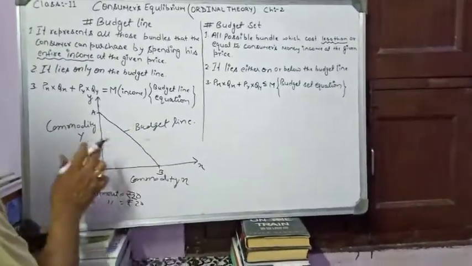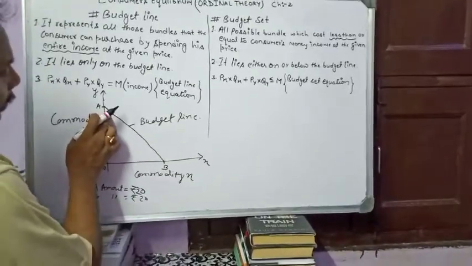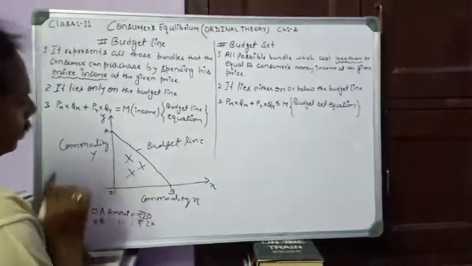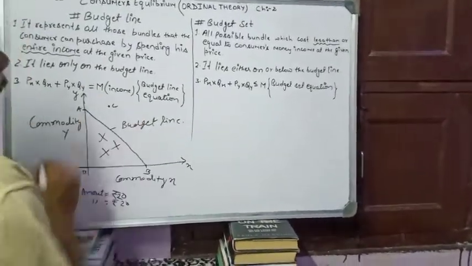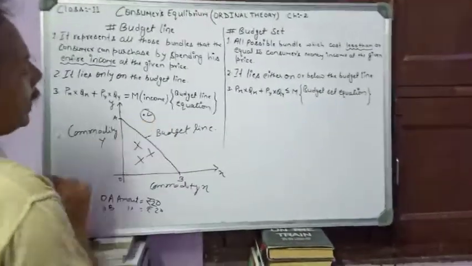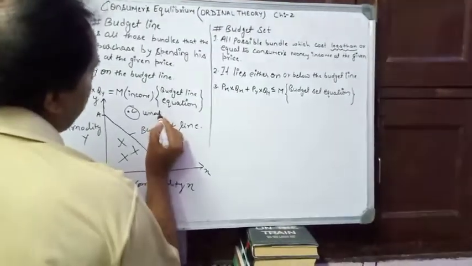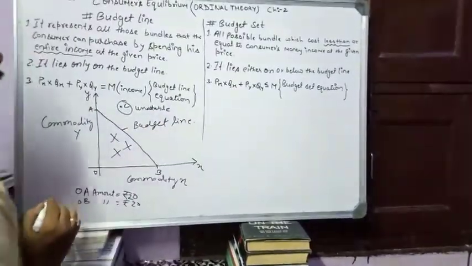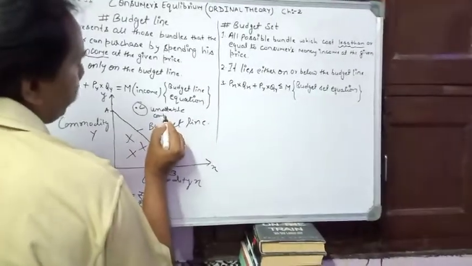So what does it indicate? It indicates that from rupees 20, the consumer can buy within this limit. He will not exceed it. Suppose C is a point outside the line. His budget is within AB, so he will not reach point C. So it is known as an unattainable combination.